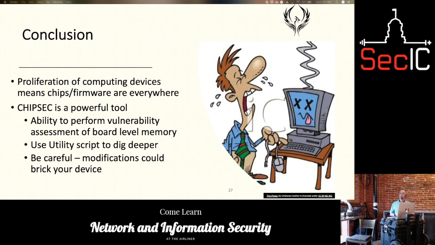CHIPSEC is one of those methods to be able to find any potential vulnerabilities. It does allow for that low-level memory checking, and you have the utility scripts at your disposal as well, so that way you can dig a little bit deeper into what's going on. But as stated earlier, you want to be very careful, otherwise you could turn your device into a brick.